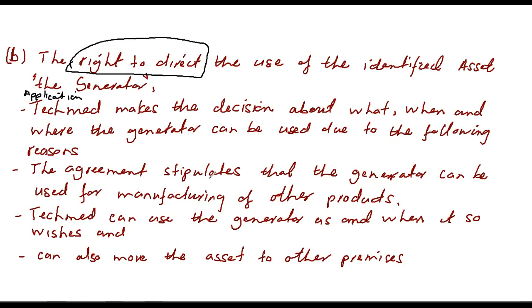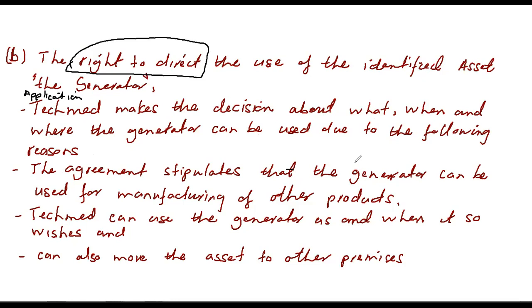The agreement stipulates, as we all read there, that the generator can be used for manufacturing of other products. This guy is not restricting you to the products that you're doing.